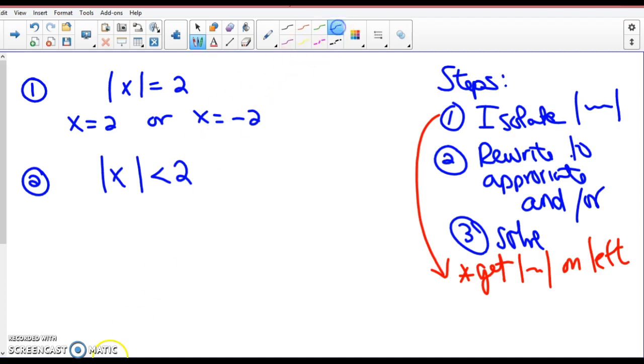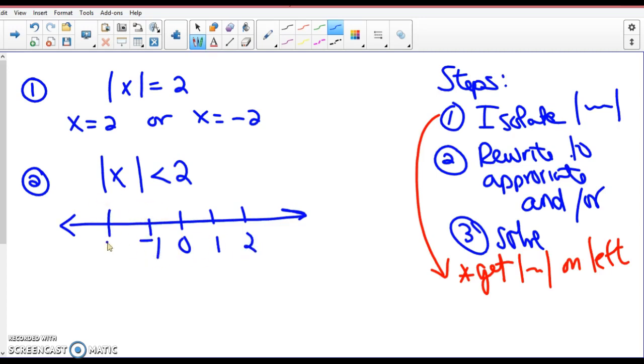Now, this is what I was talking about, understanding. I'm going to draw a number line. Here's 0, here's 1, here's 2, negative 1, negative 2, negative 3, and 3. Now, this number line is going to help us understand why we rewrite the absolute value the way we do. Okay?